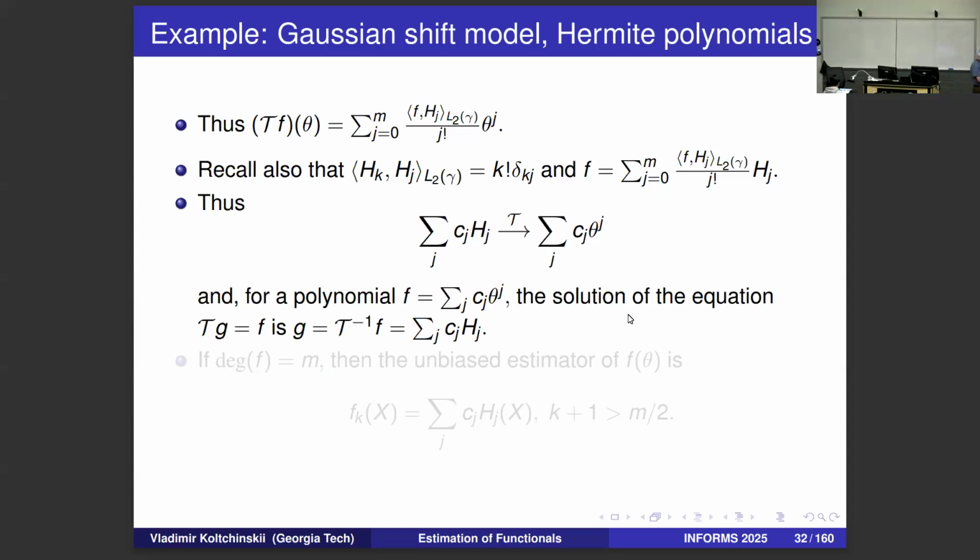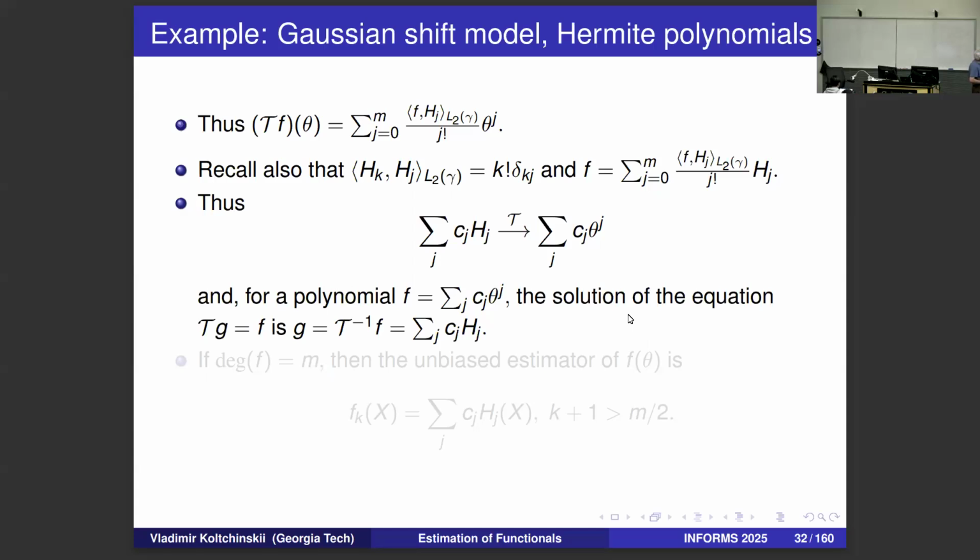It will be given by this expression. If you compare this expression with this expression, you see what operator T does: operator T in this case maps a linear combination of Hermite polynomials into a linear combination of powers.